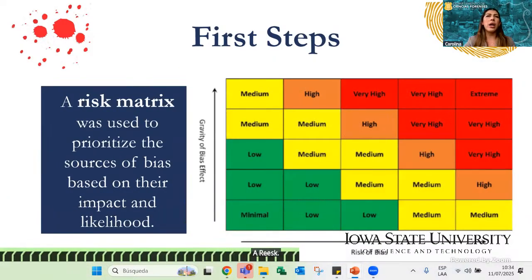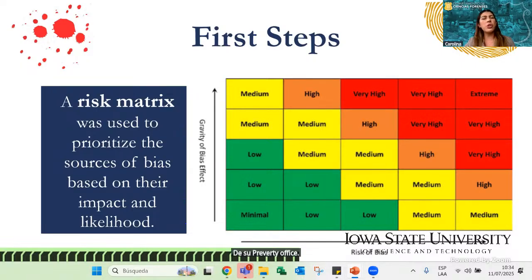And then a color code was applied to indicate the risk level associated with each source. So we had red for very high risk, yellow for medium risk, and this risk was evaluated using the methodology proposed by Dror and Pearce. So they suggested a risk matrix that evaluates the risk of bias in relation to the severity of its effects.